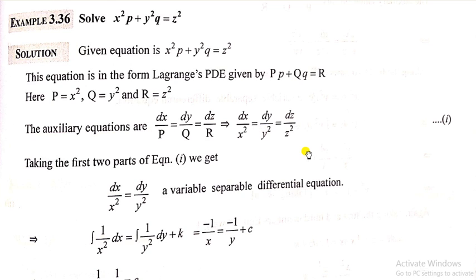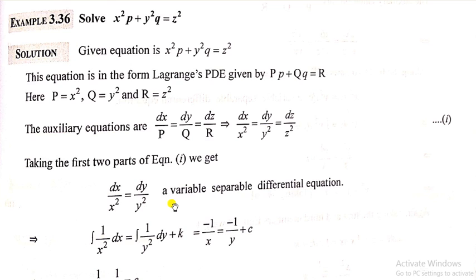So here we will use the grouping method. First we take the first and second term, and in the second case we use the second and third term, so we get the solution. First use dx by x square and dy by y square. It is called variable separable because dx and x are on one side and dy and y are on another side.